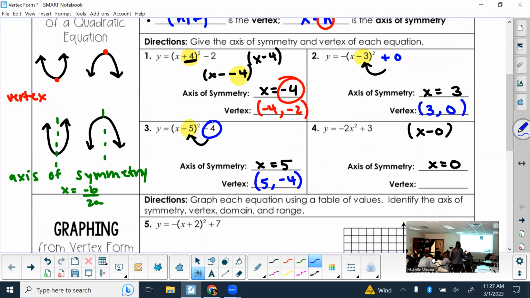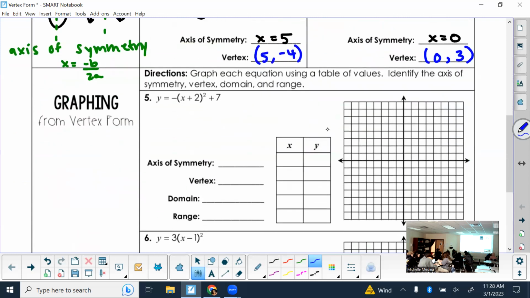All right. Table 5. What about the vertex for number 4? 0, 3. Question? Comment? All right. The K is whatever is being added or subtracted to the problem. Not multiplied. Good.